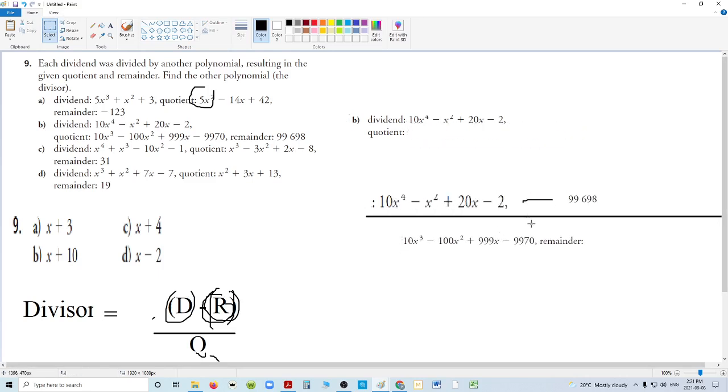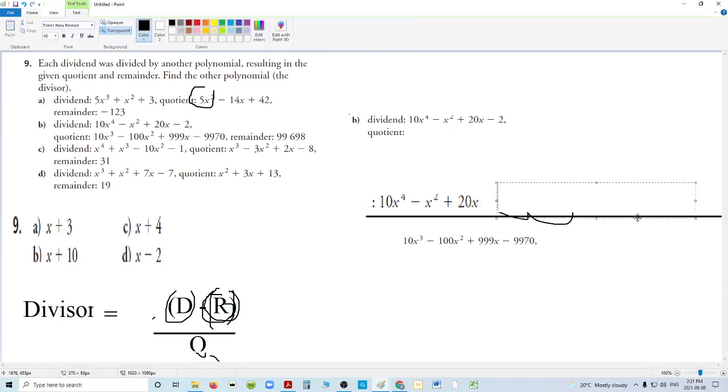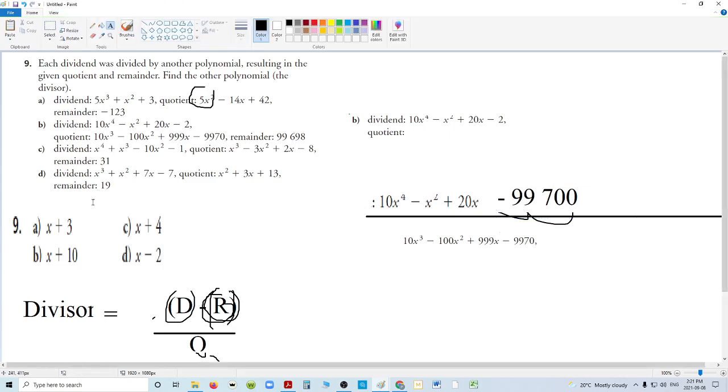Get rid of the word remainder. Now, all I have to do is figure out what's minus 2 minus 968. Well, it's minus 99,700. You can see you're dealing with some horrific numbers. So we're dealing with minus 99,700. There, we're ready to divide it.